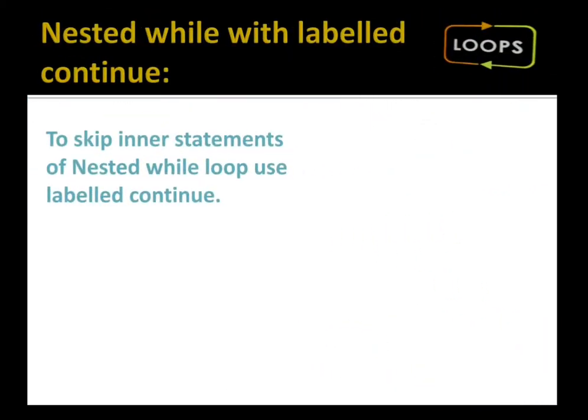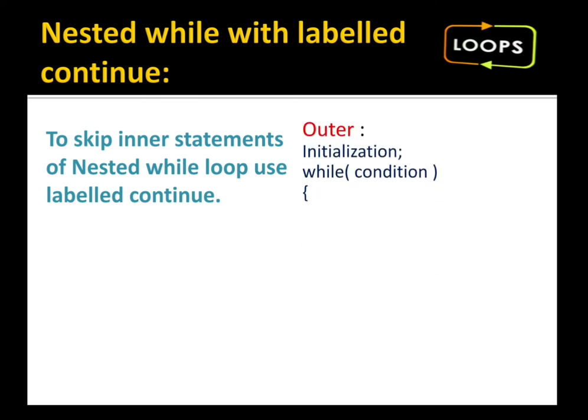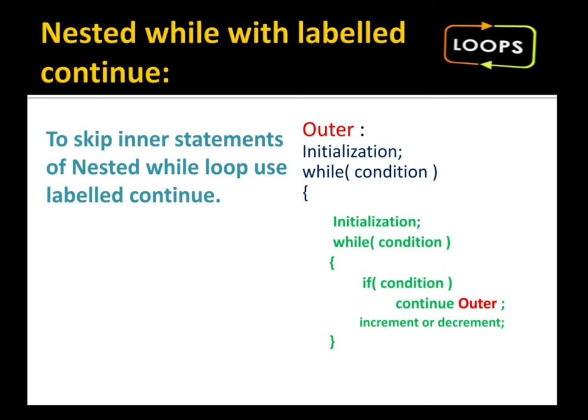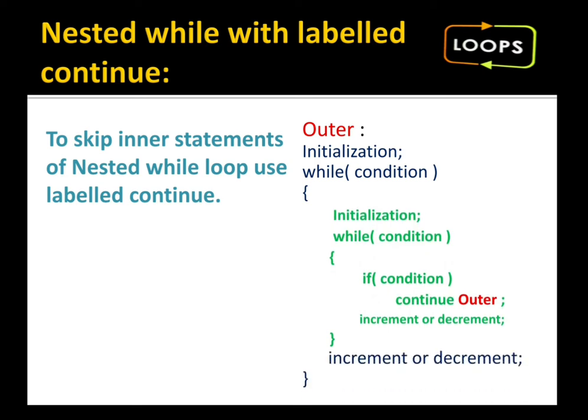Now moving further with labeled continue in nested while. If we want to skip some inner statements, then we can use our labeled continue. How? The same way: the outer initialization, the while condition, then we have the inner while, and then we have the increment or decrement. What will happen if I write continue outer? It will move directly towards the outer while condition.